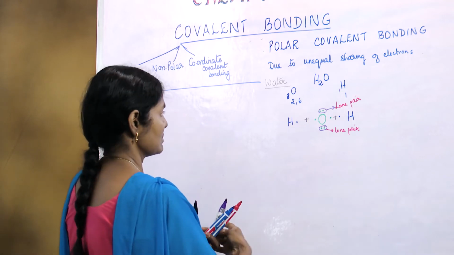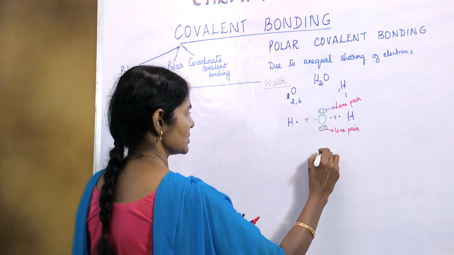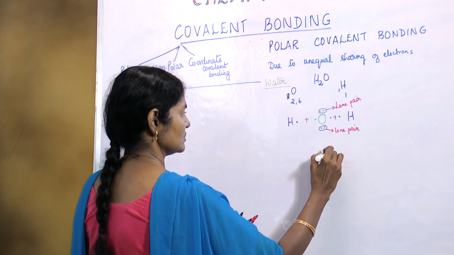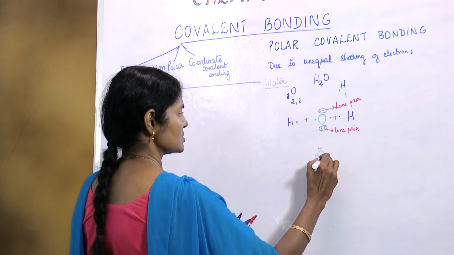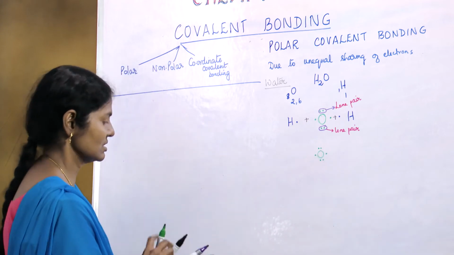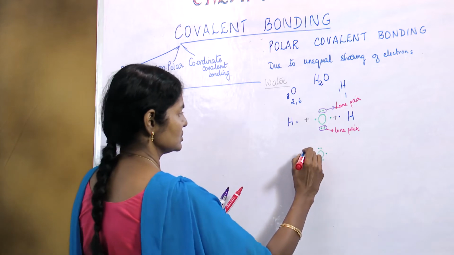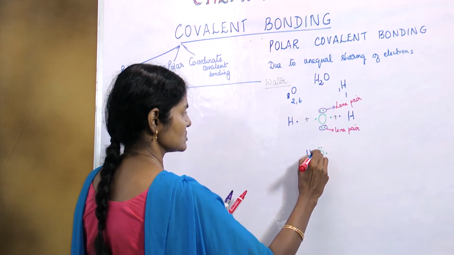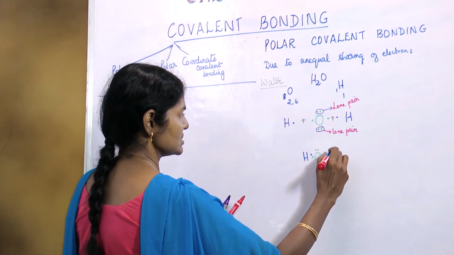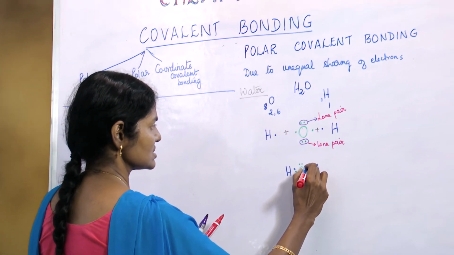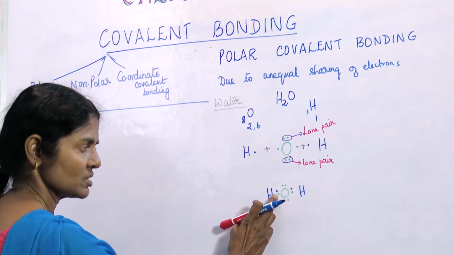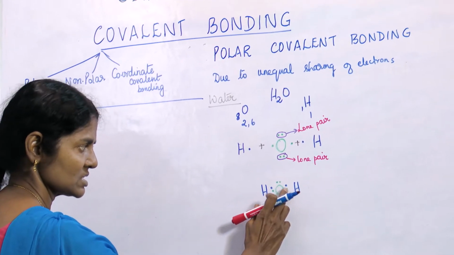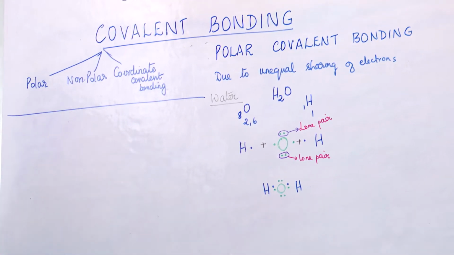Once it combines, you get something like this. These two electrons, so 6 are there. This hydrogen shares its one electron and this hydrogen shares its another electron. So one pair of electrons shared, one pair of electrons shared, and these are intact.